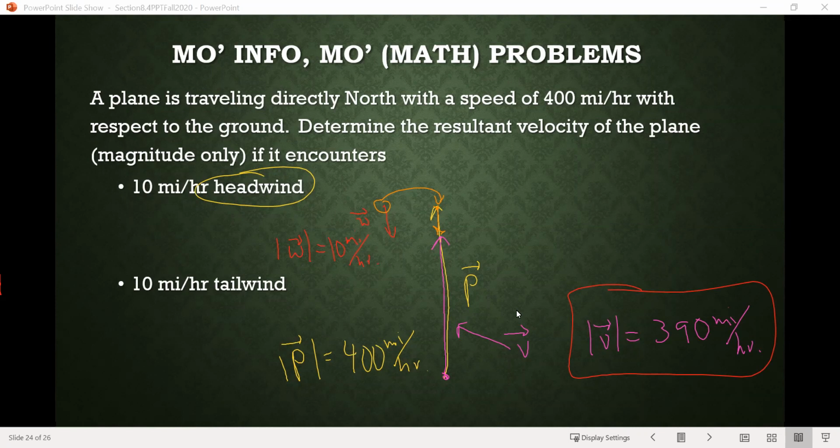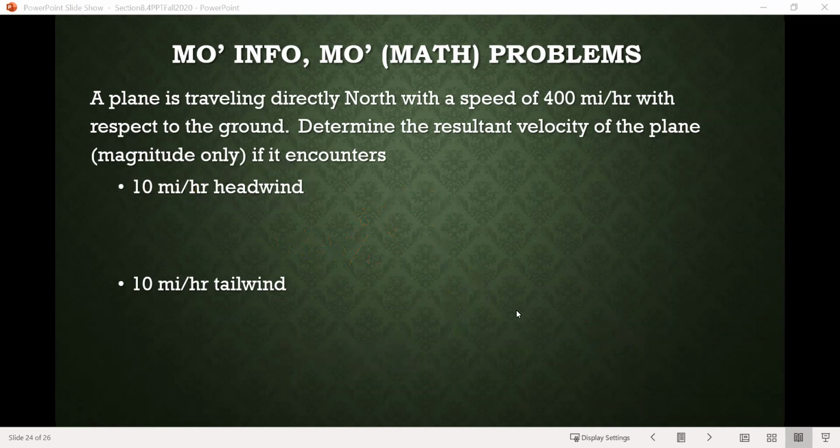All right, let's look at the second example then. So here now we've got the same plane still flying 400 miles per hour directly north. But now it's encountering a tailwind of 10 miles an hour. And what does that mean?